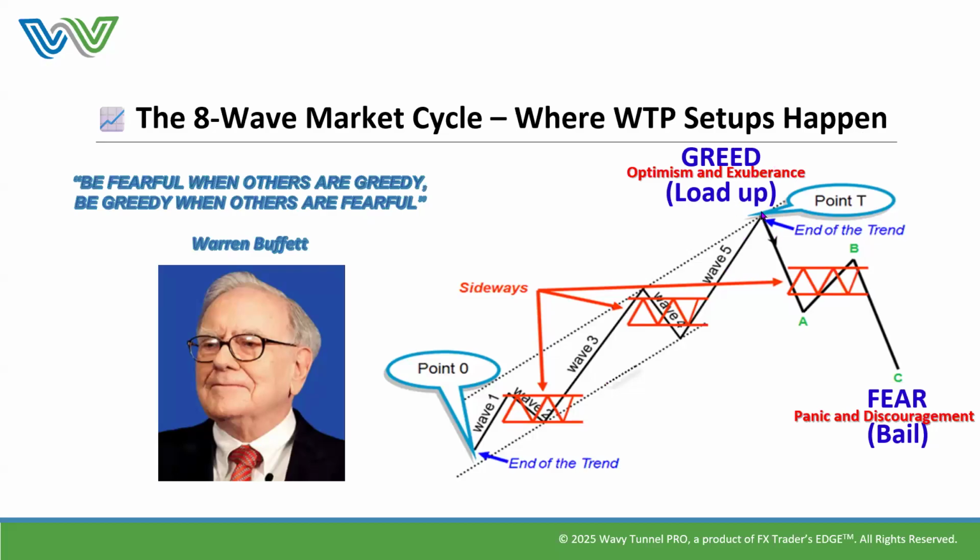So at point T, what happens? Well, when the market does finally turn around, whatever causes it, we have the initial move down for an A wave, then a pullback, and then another move down. The dashboard scanner that I have can find this point. And this is where the market tends to be fearful and panicked and discouraged and bail, because if you're long up here and then we get down here, what do you want to do?